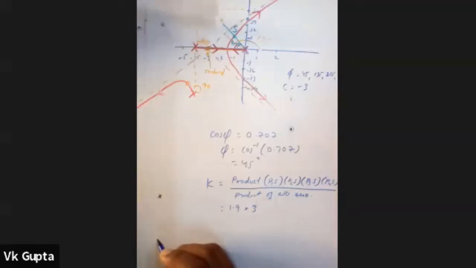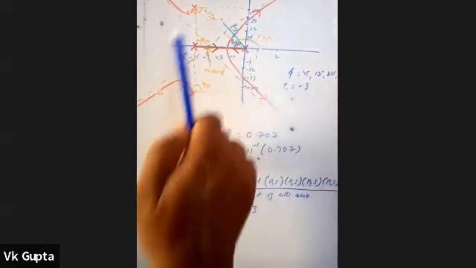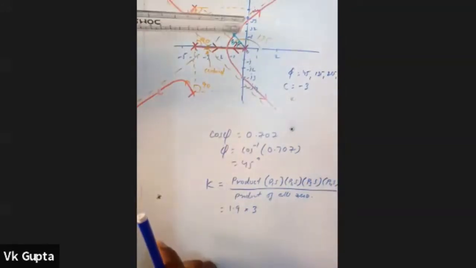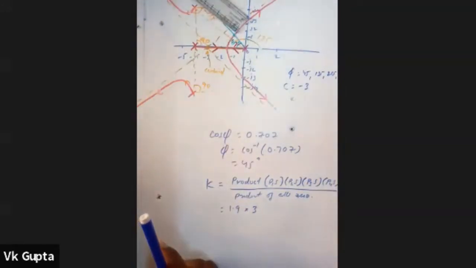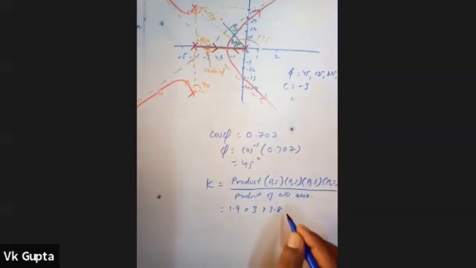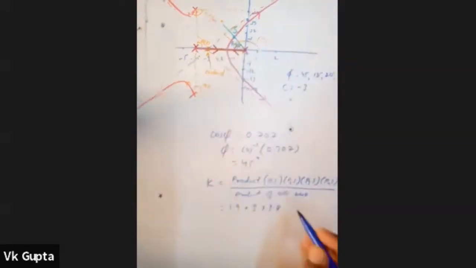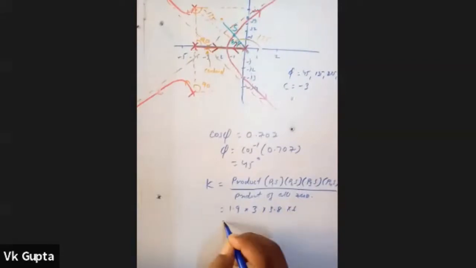Next, measure P3 and S. Let us say it is 3.8 centimeter. Next, measure P4 and S. Let it be 6. When you multiply this, you will get 130. So this is the value of K.